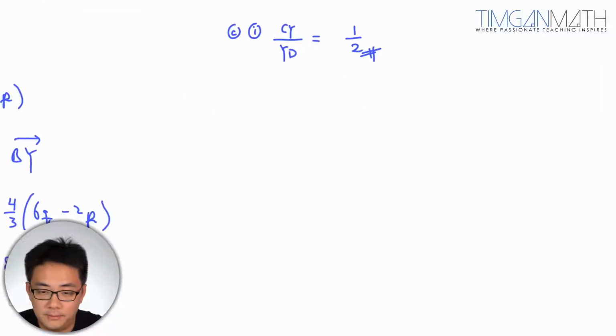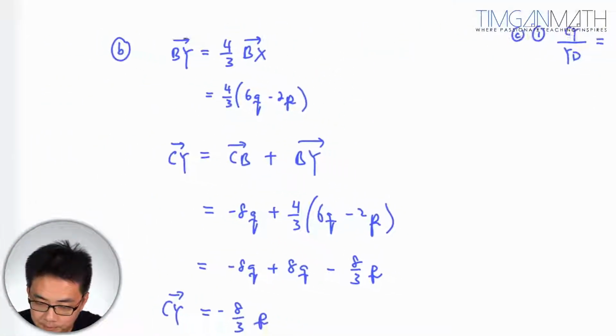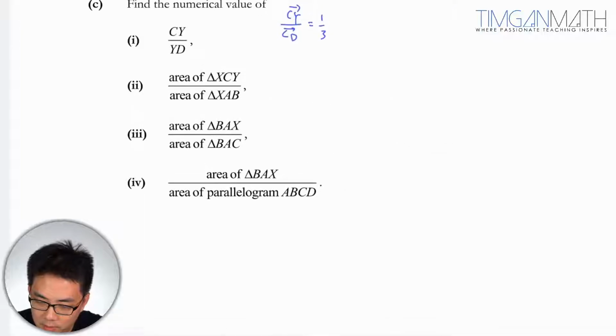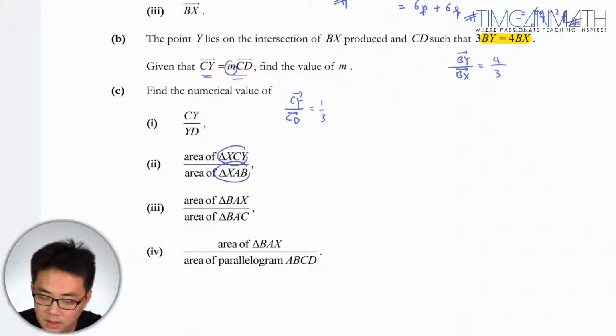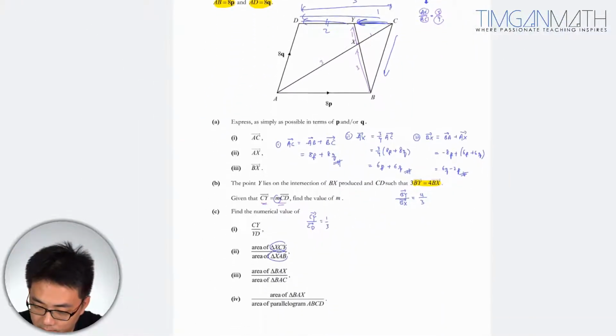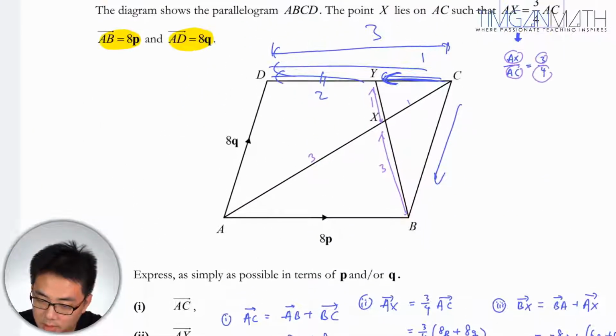Then we're going to look at part C, part 2. We need the ratio of the areas of triangles XCY to XAB. These two triangles are similar because we are able to show this is a parallelogram.